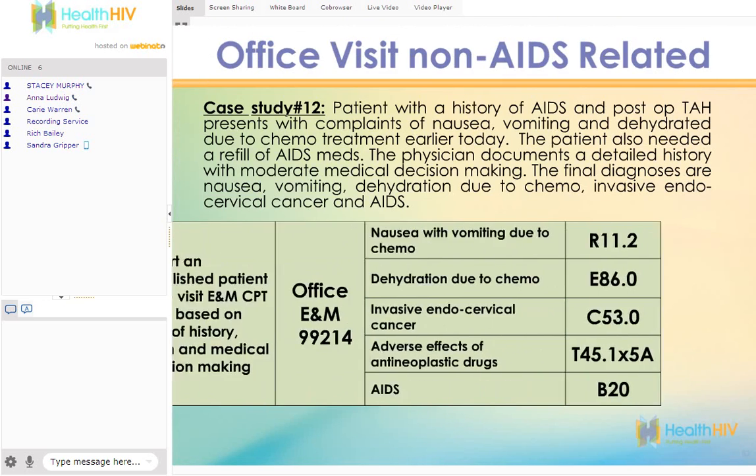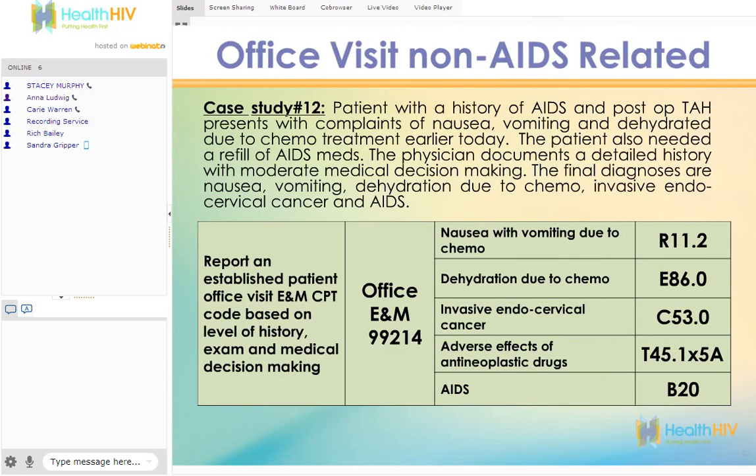Here's another scenario. A patient with a history of AIDS and post-op total abdominal hysterectomy presents with complaints of nausea, vomiting, and dehydration due to chemotherapy. So they came into the office earlier for chemo treatment. The patient also needed a refill of their meds, so the physician does a detailed history with moderate medical decision-making.